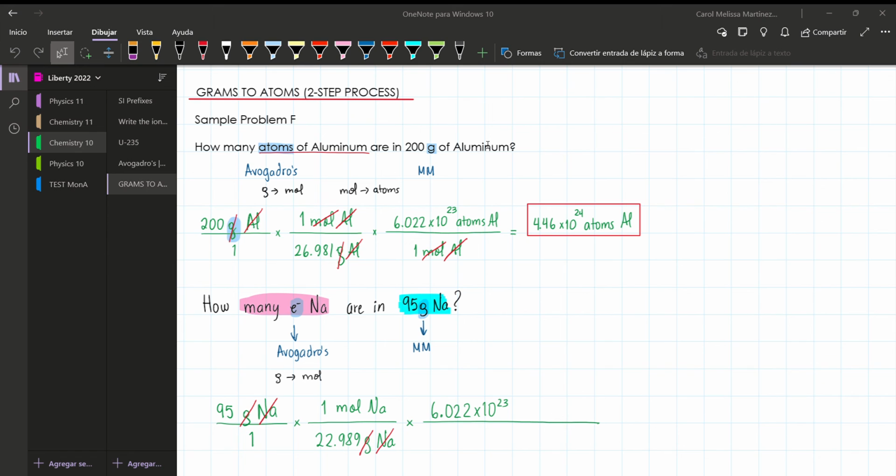And they're asking me for electrons, so these are going to be electrons of sodium. And these are over 1 mole of sodium. So in here you cancel moles with moles and sodium with sodium.